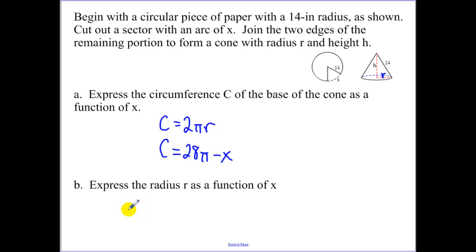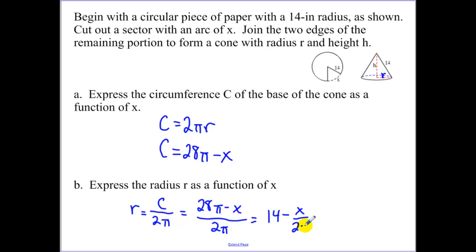So express the radius r as a function of x, where the radius of the cone would equal the circumference divided by 2 pi. Then I substitute in what we got for c in part 1, which is (28 pi minus x) all over 2 pi, which simplifies to (14 minus x) over 2 pi.